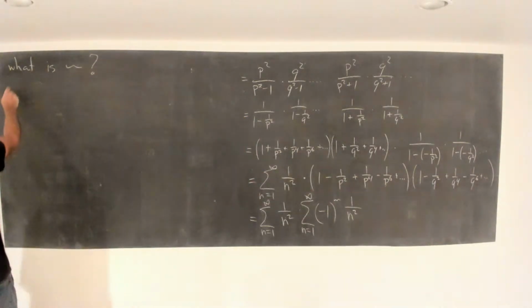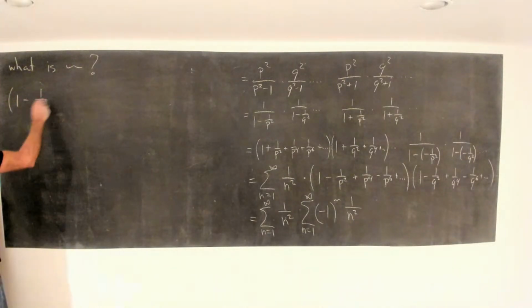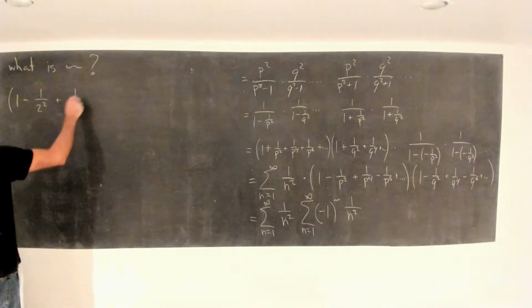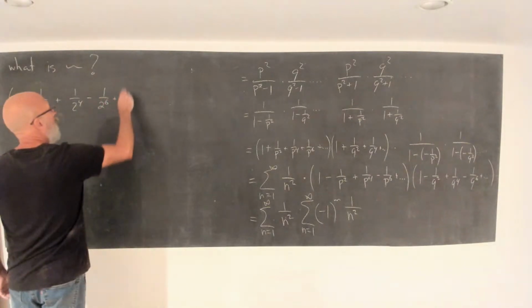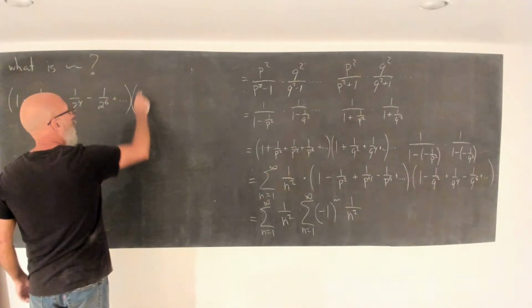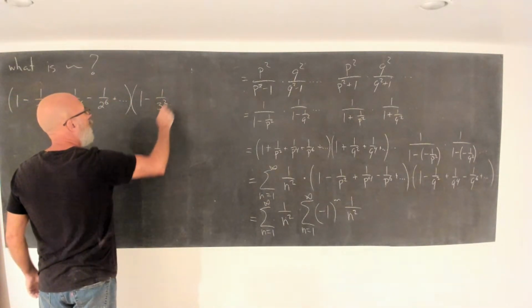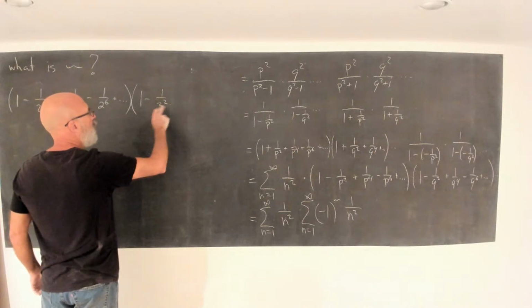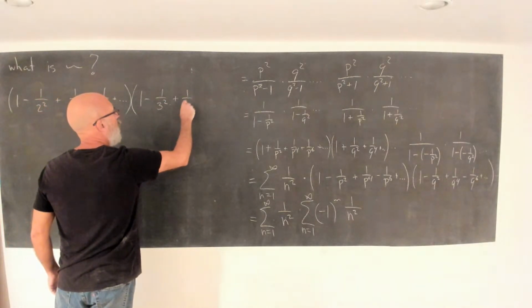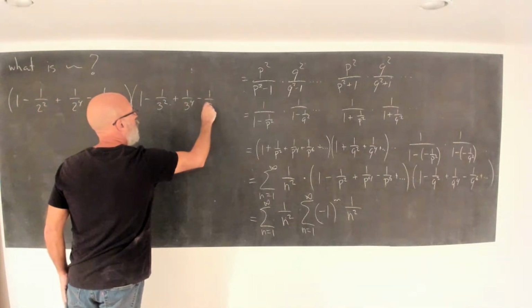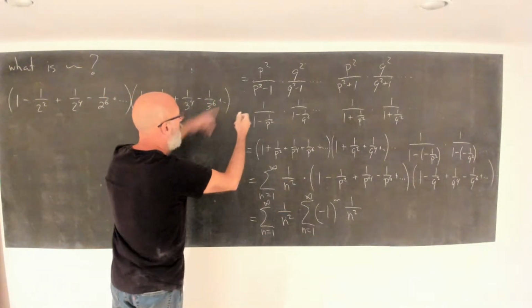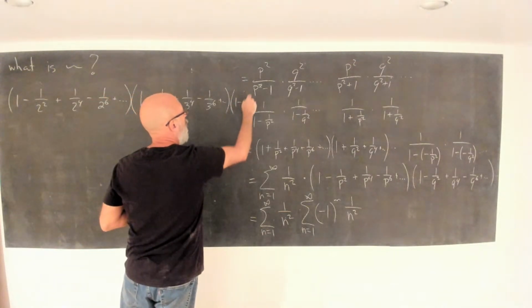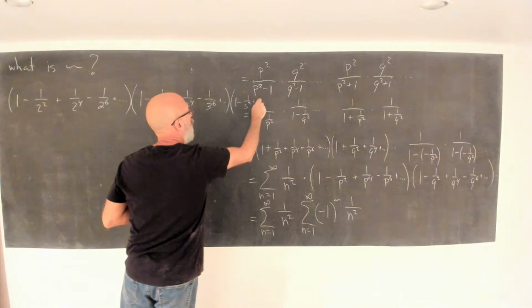So you're really looking at 1 minus 1 over 2 squared plus 1 over 2 to the 4 minus 1 over 2 to the 6, and so on. Next prime is 3, so 1 minus 1 over 3 squared plus 1 over 3 to the 4 minus 1 over 3 to the 6, and so on. And then the next one would be 5, so 1 minus 1 over 5 squared.